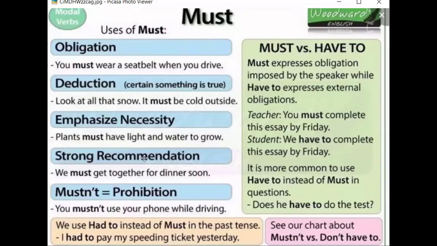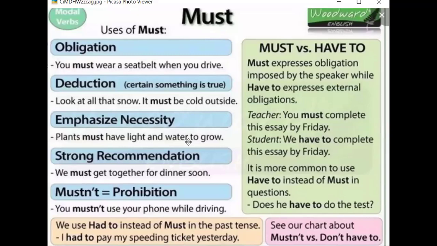Now another note: we use had to instead of must in the past tense. I had to pay my speeding ticket yesterday, but I didn't. Meaning I should have done it; I was supposed to do that, meaning I had to pay.